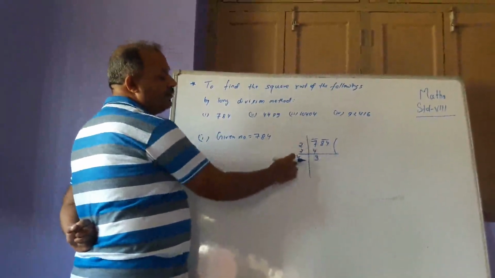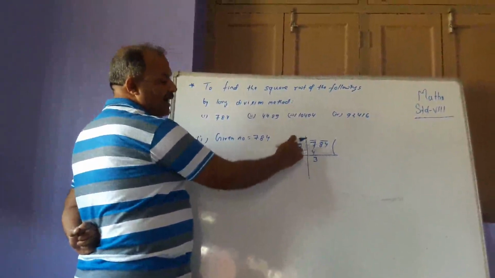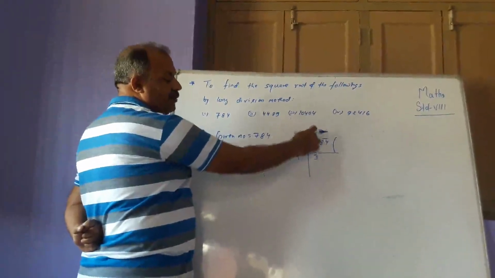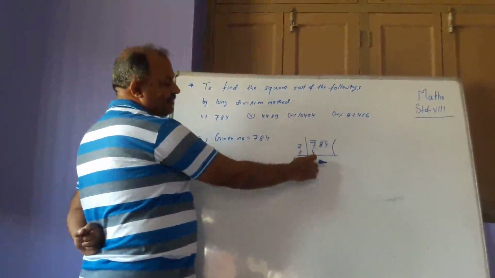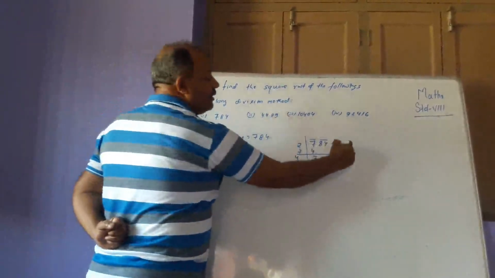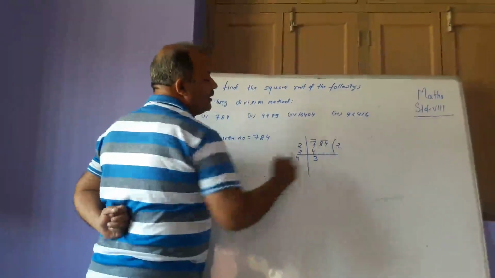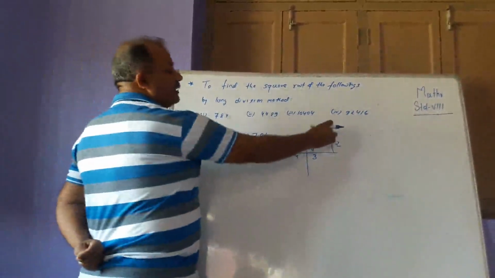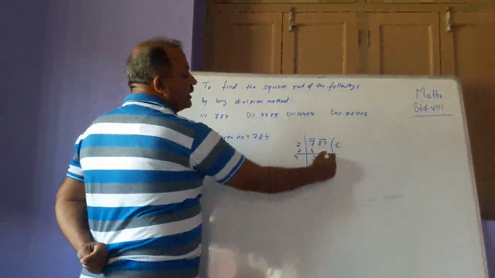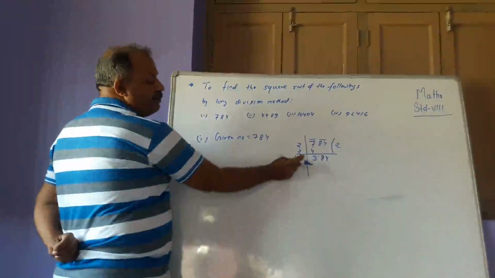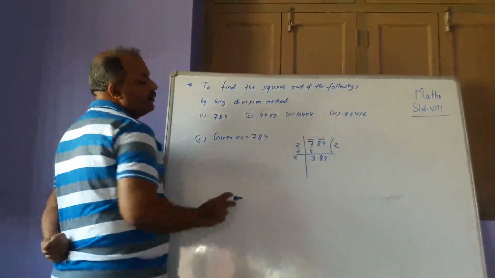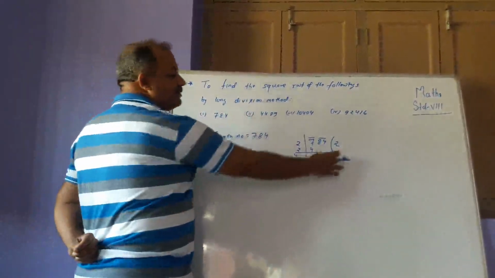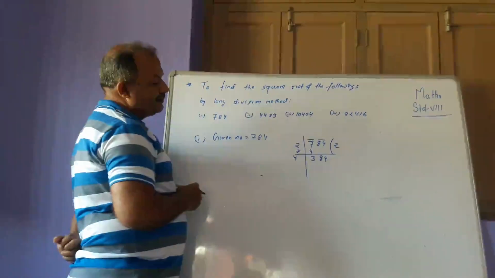2 and 2, 4. Here we have multiplied 2 by 2 to get 4. After subtracting 4 from 7, we get 3. Now we have to take the next pair. It is 84. And we have to place a number after 4, which when multiplied by the same number gives 384.